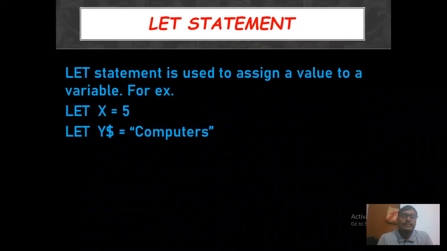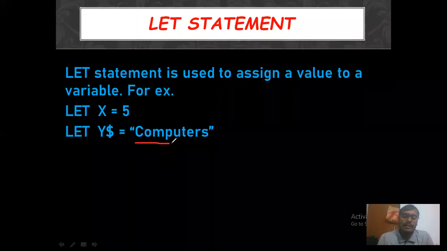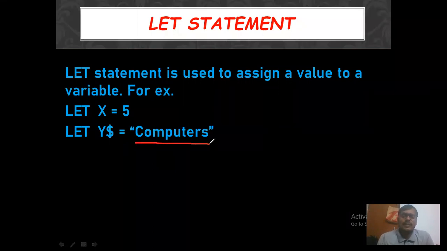Now, the LET statement is used to assign a value to a variable. For example, if you want to assign the value x equals 5, in QBasic you have to write LET x = 5. Suppose you want to assign a string value to a variable. String value means a word or a sentence, a group of words inside a variable.